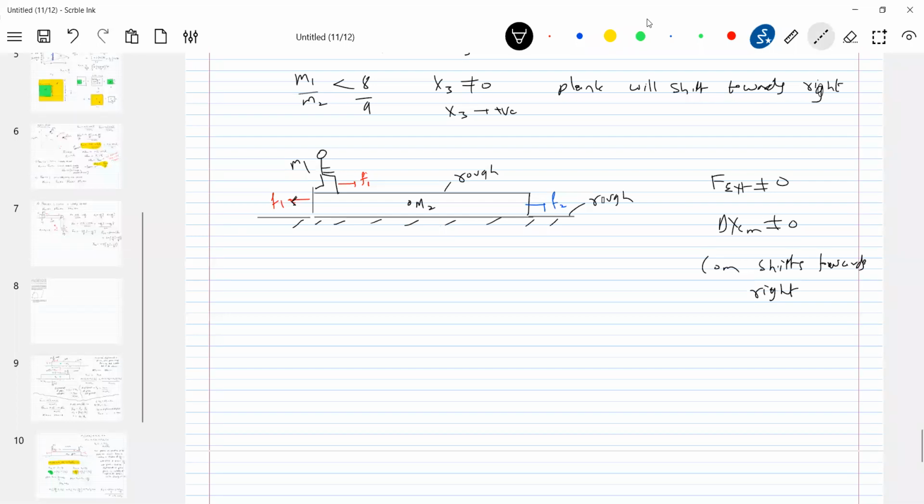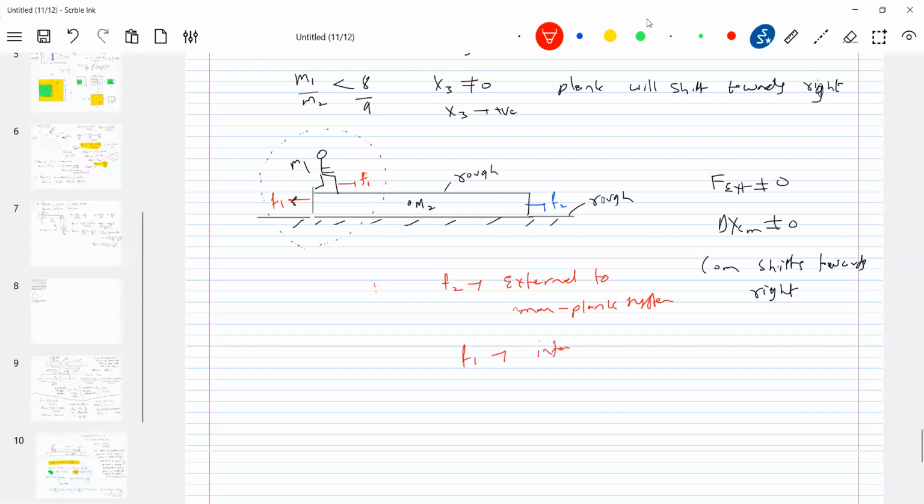So what is internal now? This F1 will become internal, and this F2 will become external, external to the Man-Planck system.